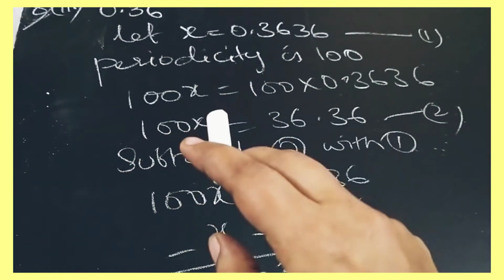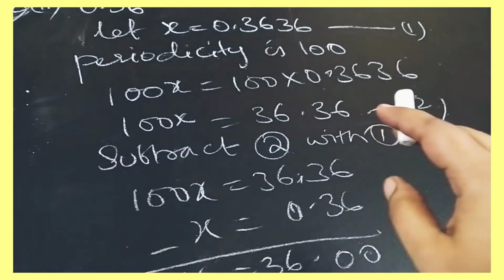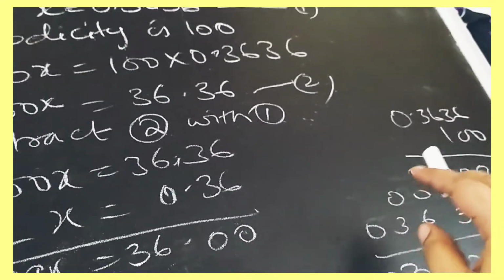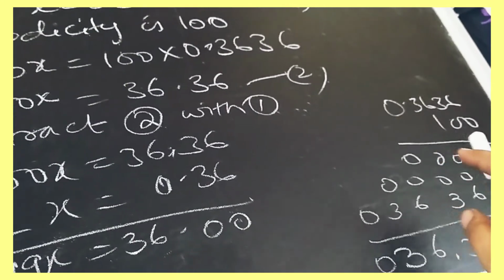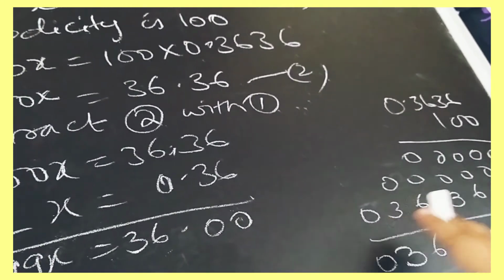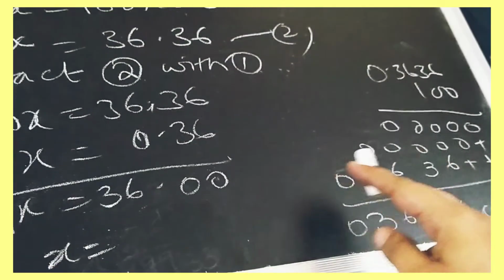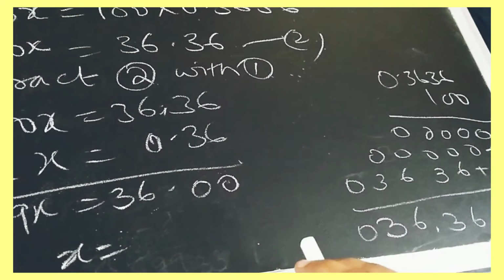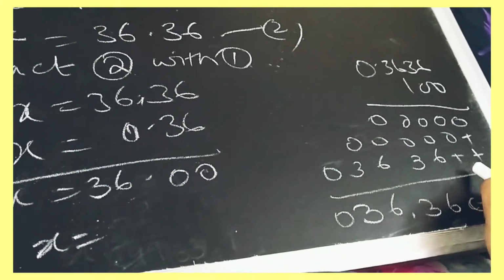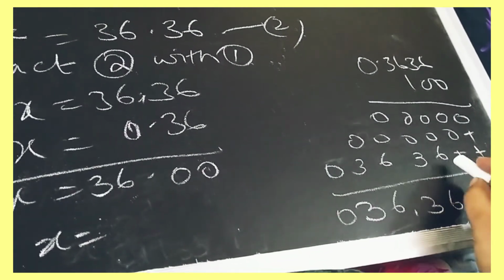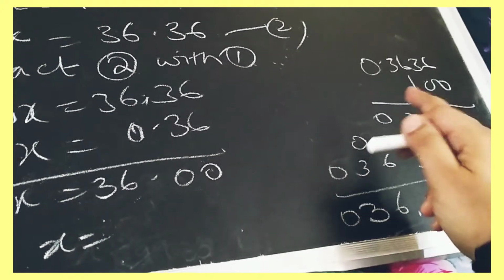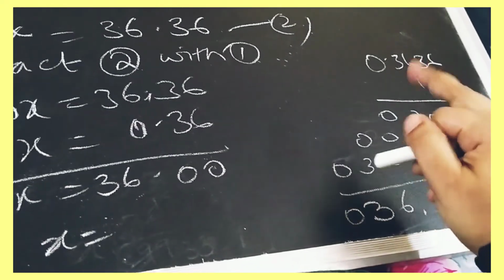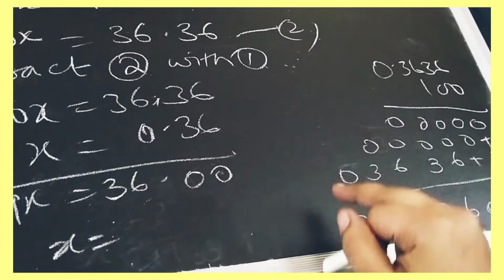Now 100x is equals to 100 into 0.3636. So what is 0.3636? It is 6 0 0 3 0 0 0 0 0. We have to take in the second line also 0 0 0 only. But in the third line what you have to do, we have to leave 2-digit space, and we have to take 1 6 are 6, 1 3 are 3, 1 6 are 6, 1 3 are 3, again 1 0 is 0.